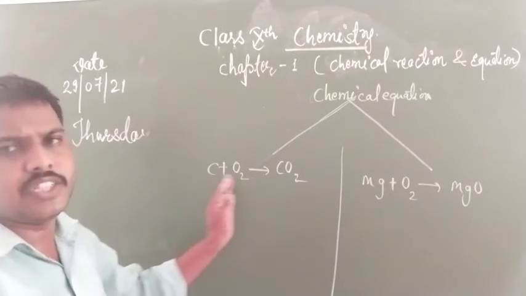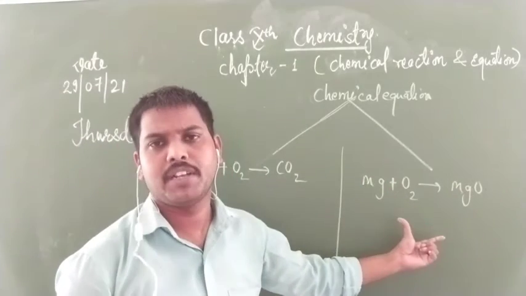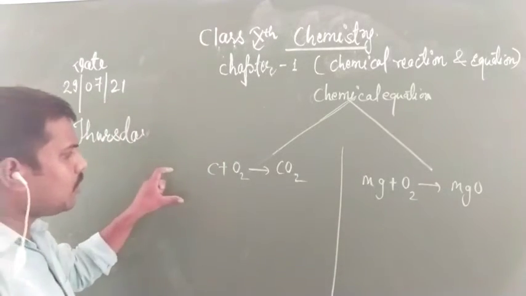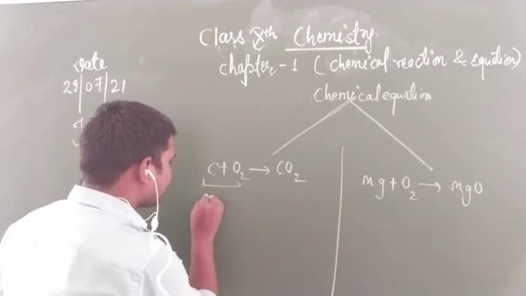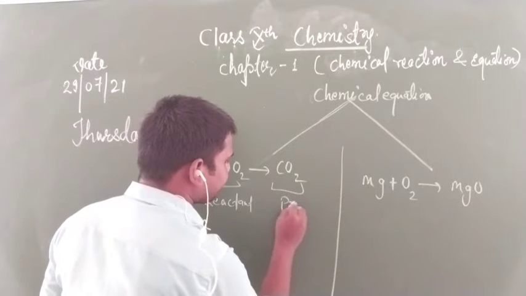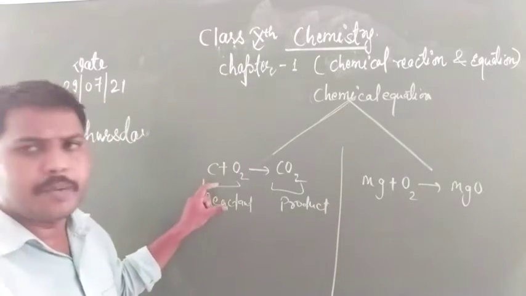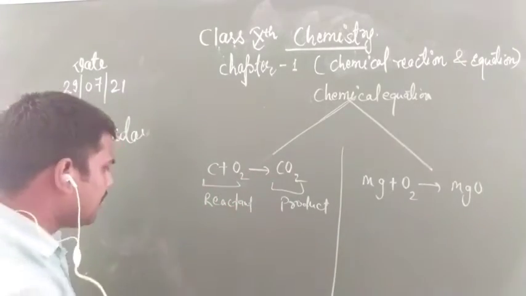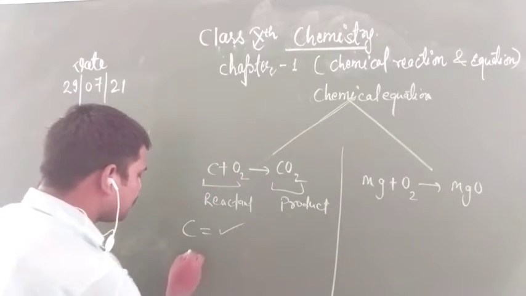Now compare the equations, children. Both are given as chemical equations. This side is the reactant and this side is the product. Now compare the number of atoms on both sides. One carbon, carbon is equal, and oxygen 2, oxygen is also equal.